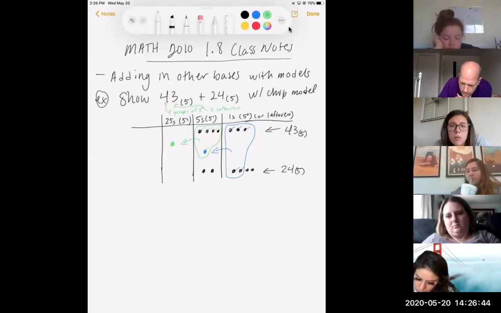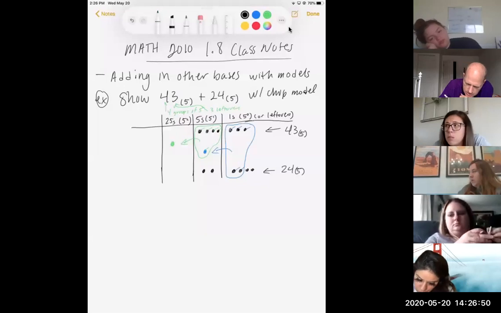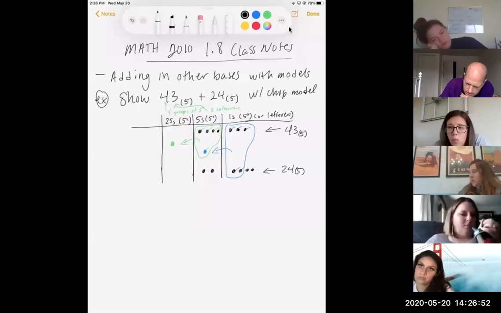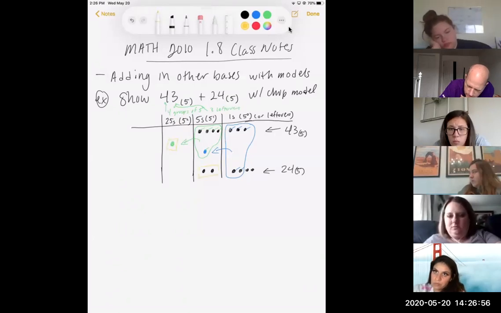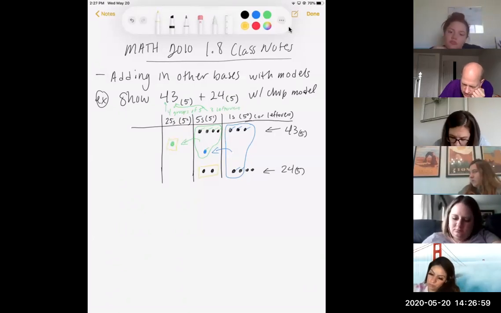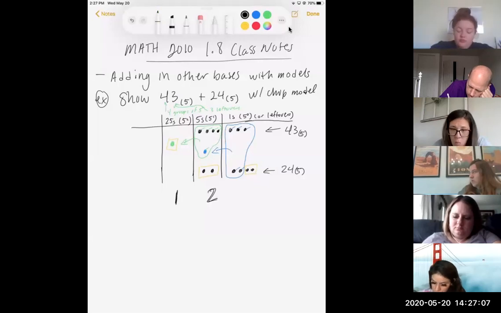And then, that's the model. So that's our drawing. We're going to record our total here. There's one left over here, and I'm going to circle it with yellow. I have one in the yellow for the 25s column, one in the 5s column, and 2 in the 1s column. So when I record the number, I have 1, 2, and 2.